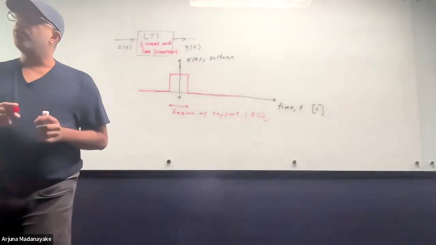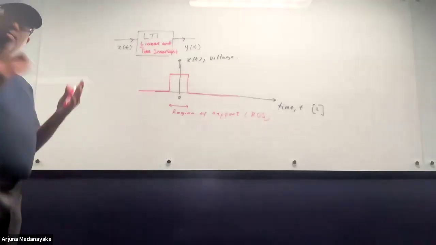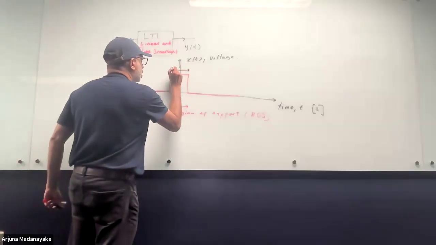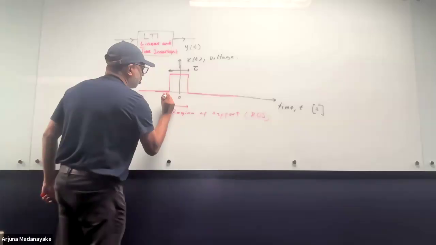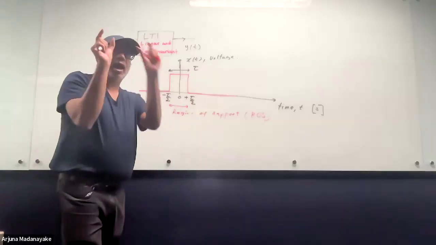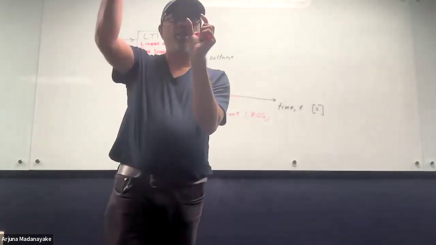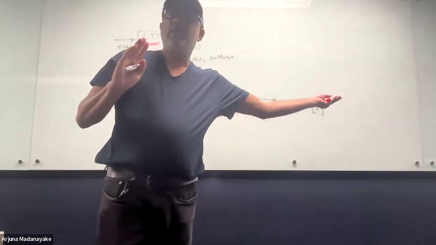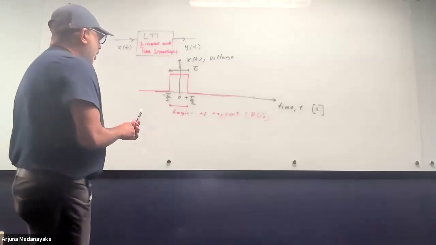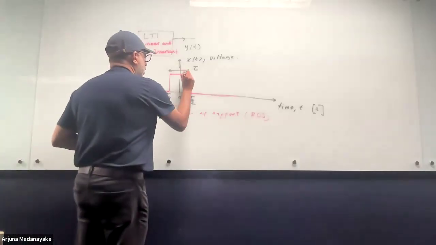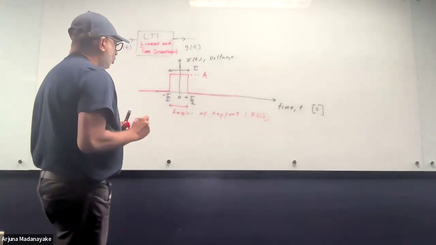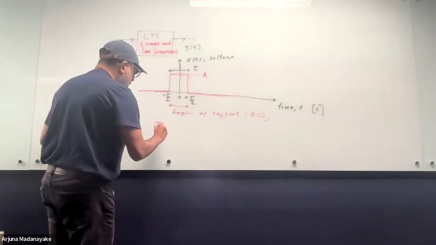By convention, we normally say this duration is, let's say, tau. So this would be minus tau by 2. This point will be plus tau by 2. So it's nicely located symmetrically across the t equals 0 axis. Half of it is in the negative side, remaining half of it is in the positive side. And we take this height as standard A. So we can call this x sub r.